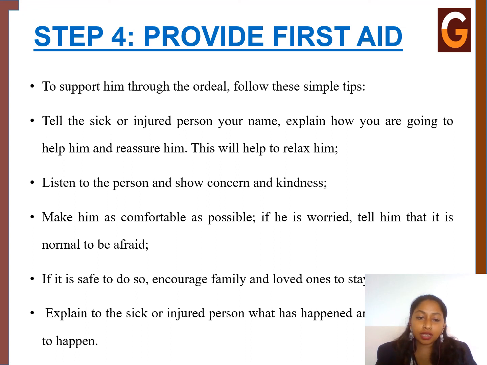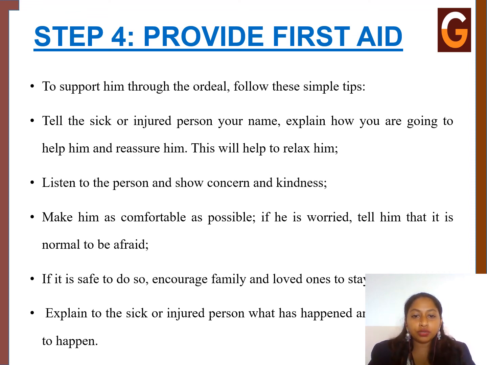And the last thing is you need to tell the patient what has happened, how you are going to help them, and how you are going to be an important part of how he or she is transported from the area of the accident to the hospital. So these are the important aspects of providing first aid.